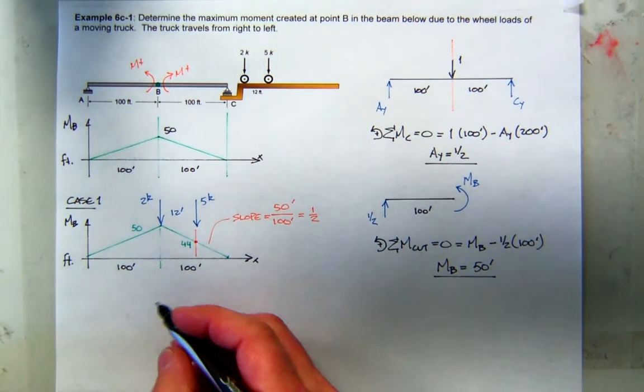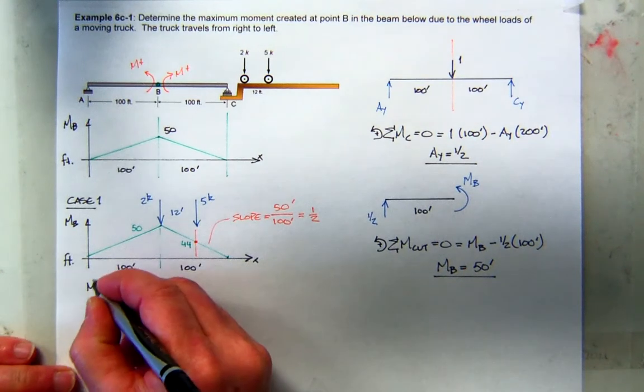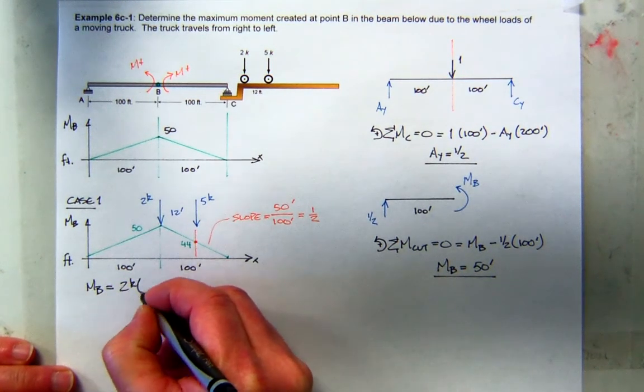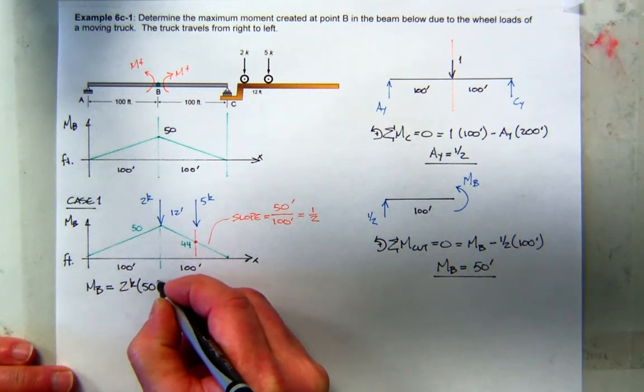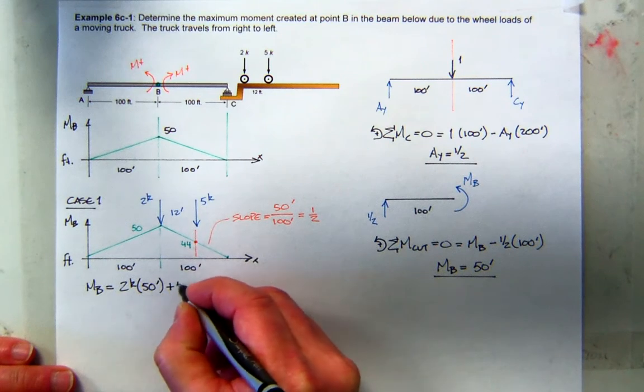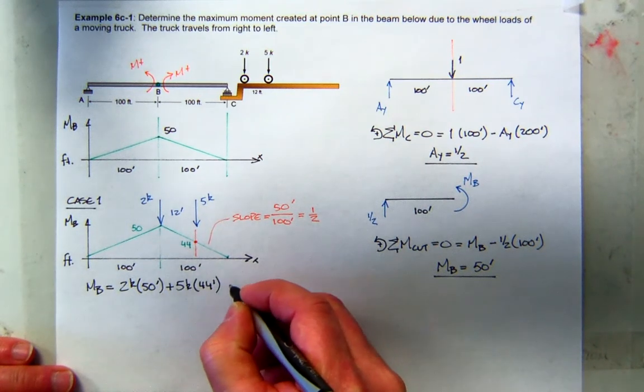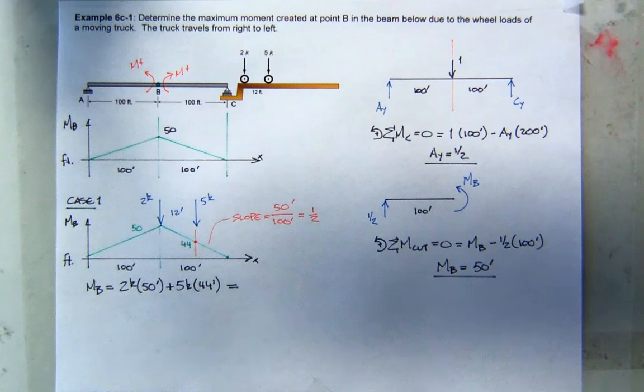So now I can compute my moment at B. It'll be 2 kips times 50 feet plus 5 kips times 44 feet. So this is 100. This is 220. 320?